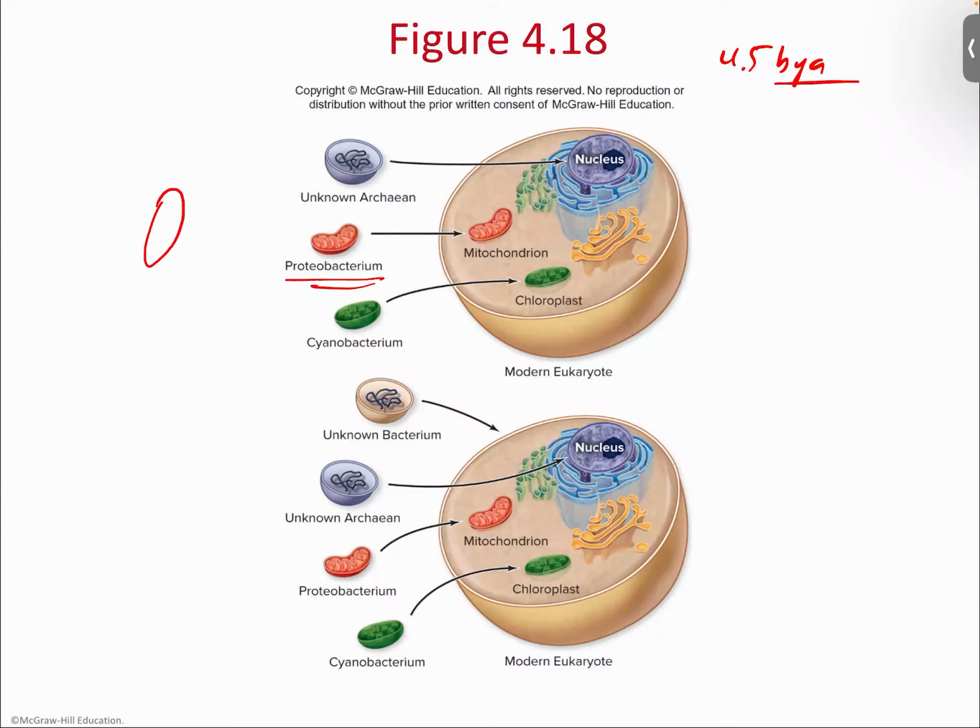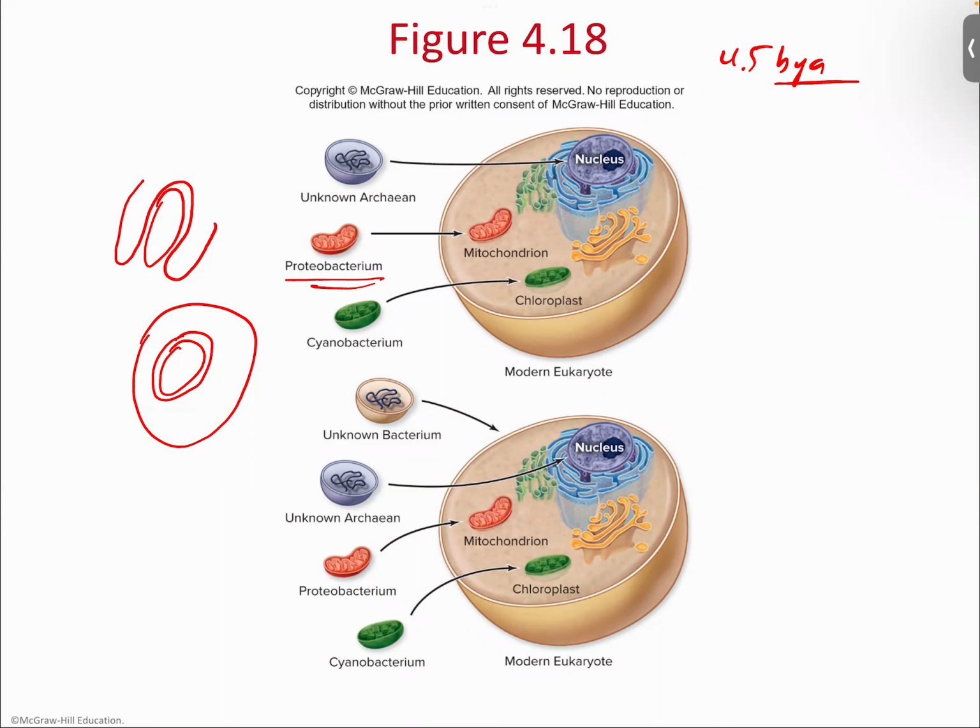When it engulfed it, it sort of wrapped itself around it, and once it came in, it looked like it had a dual membrane. So the engulfing idea seems to suggest where the double membrane system comes from.